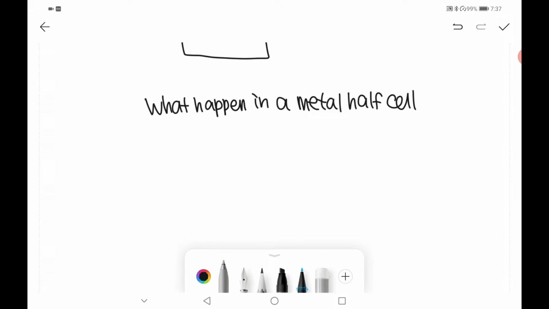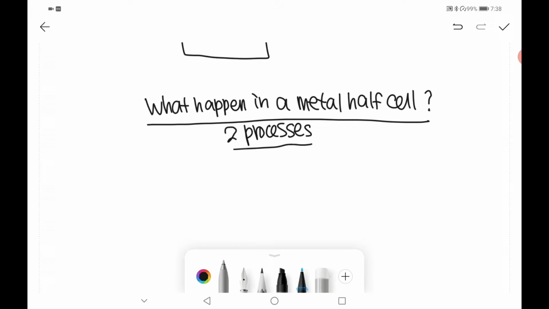Remember, in SPM we only focus on metal half cells. The non-metal half cell is not our main focus. So what happened in a metal half cell? In a metal half cell, there are a total of two processes actually happening.